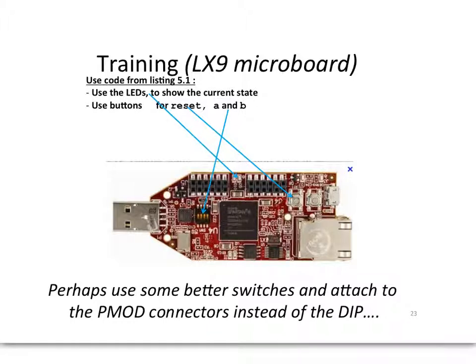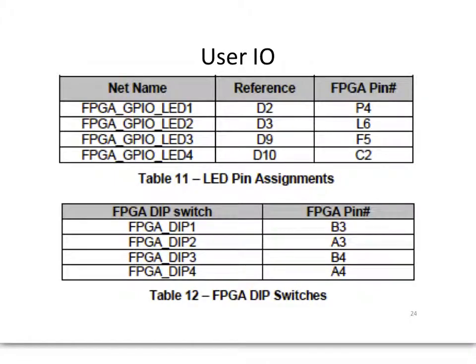You can use them to show what state we're in, and then you can use either these crappy dip switches, or you can attach some normal push button switches to the PMOD inputs and try to implement the state machine and see how it is to control in real life.